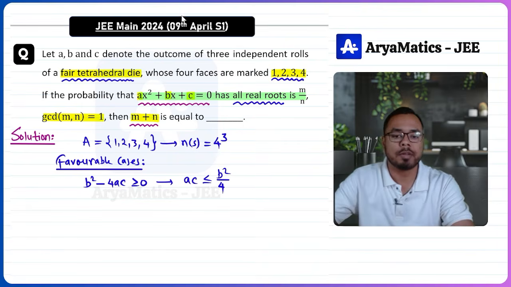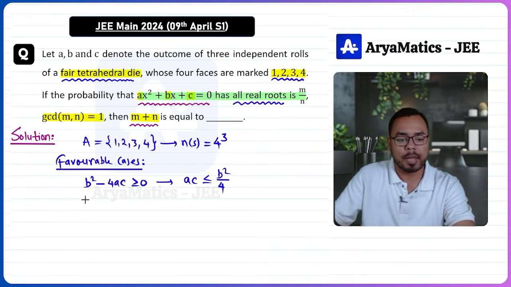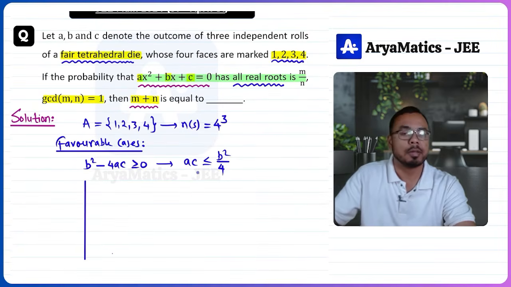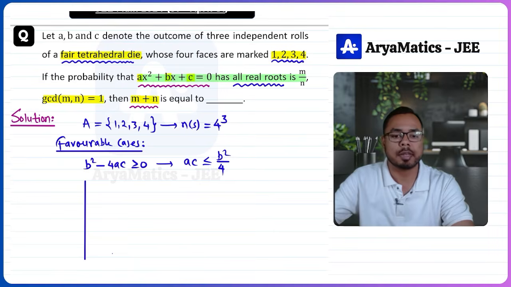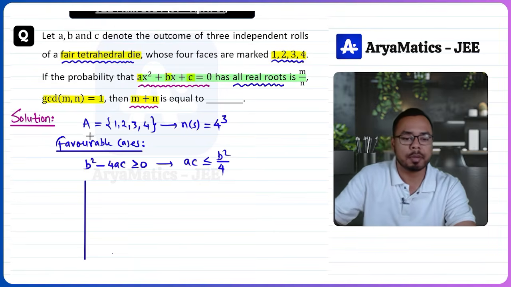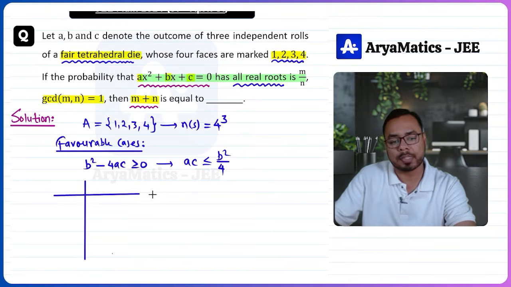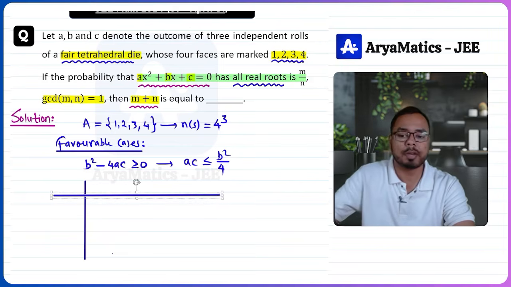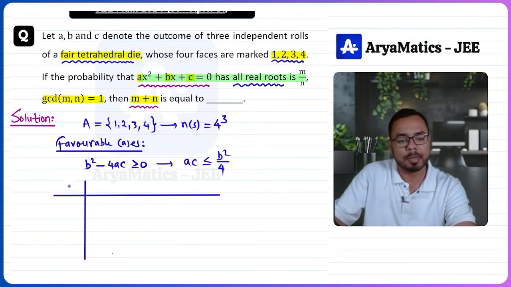And now we'll take different values of B and we'll see in how many different ways we can select A and C so that we can satisfy this condition. And remember, ABC can be any number from 1 to 4. So first we'll take different values of B and then we'll see what are the different cases for AC, and from there we can get the number of favorable cases.